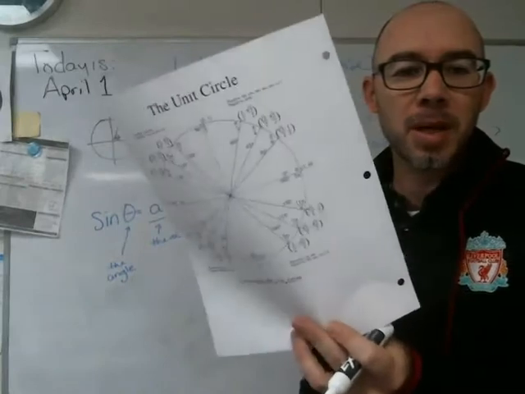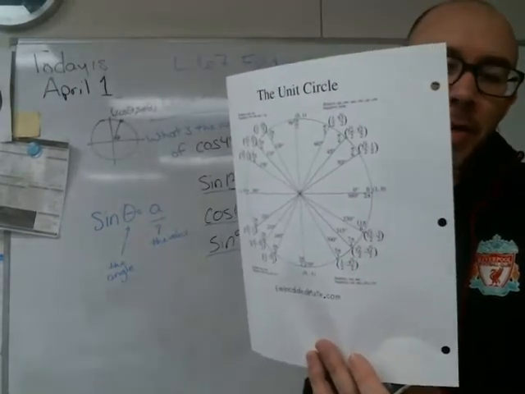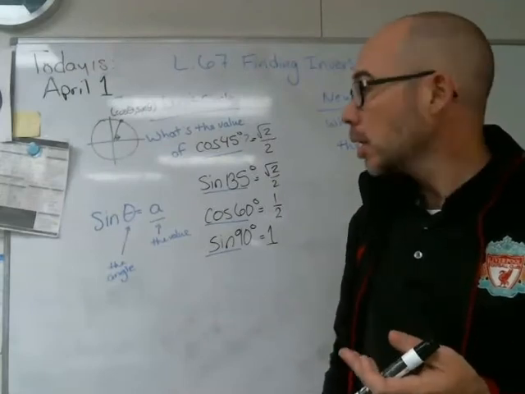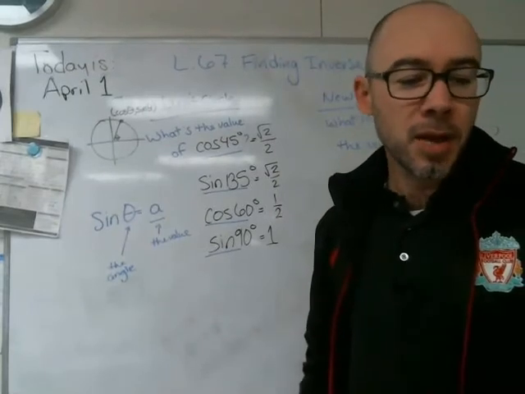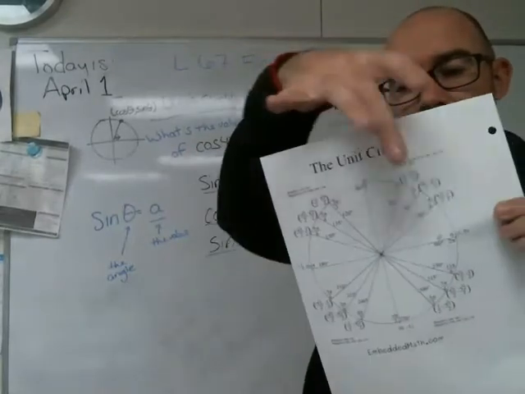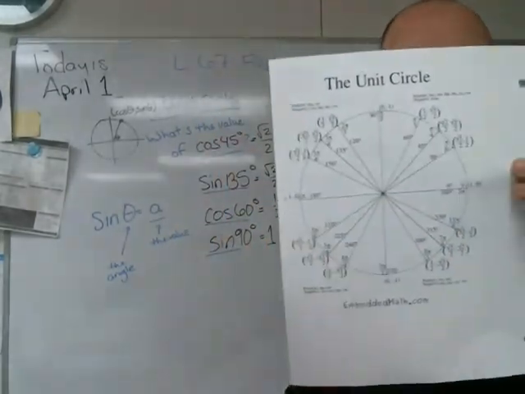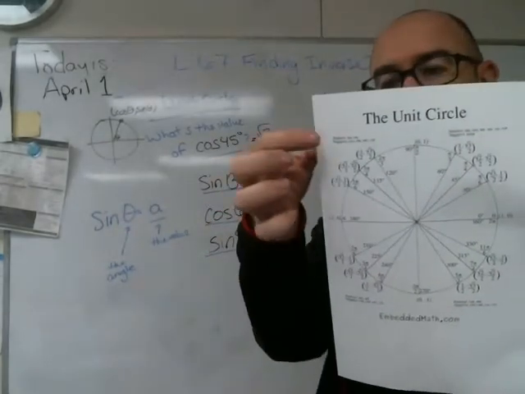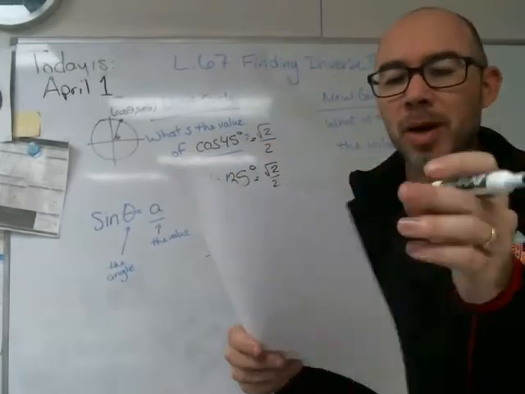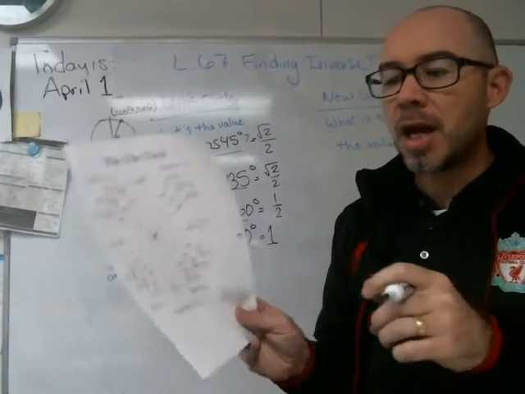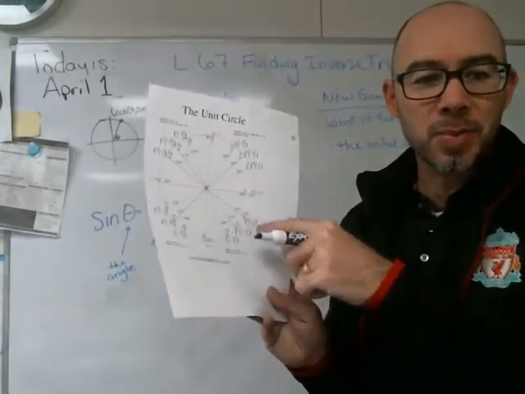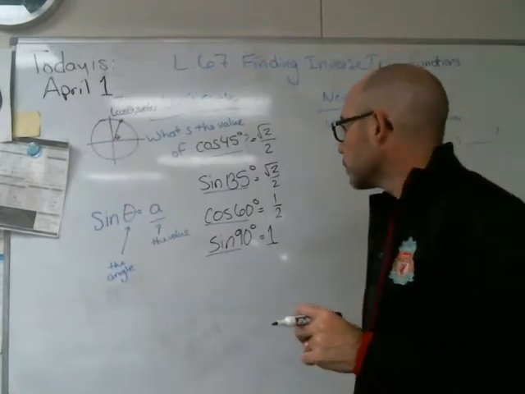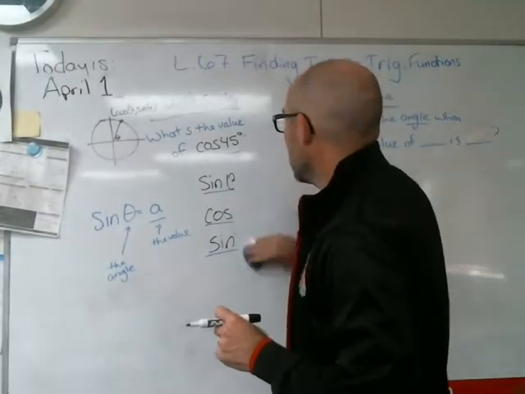We don't have to do that because we have all these exact values already determined on the unit circle. 30, 45, 60, and then that just gets transferred over to the other quadrants, and the signs are changed a little bit. You have some instructions on this unit circle about what's positive and negative, and you can see the addresses for all these points given in positives and negatives. Okay, we're going to play a new game this time.